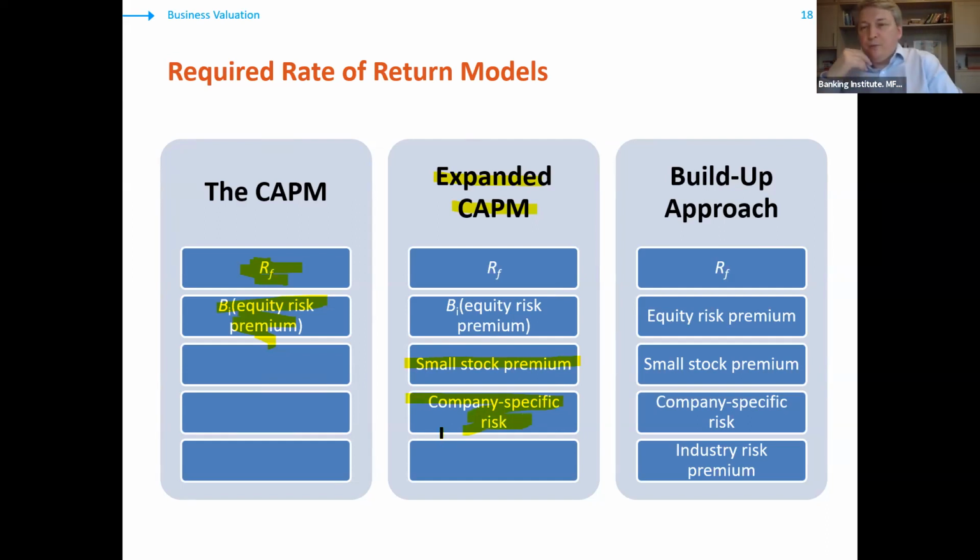So for small stock premium, we usually add something like 2-3%, just like with liquidity, by the way. We can add 2-3% for illiquidity, then 2-3% for the fact that this is a smaller company than those public companies. And then the last step, we can add something specific for this company because we see some specific risk, some riskier situation for this company.